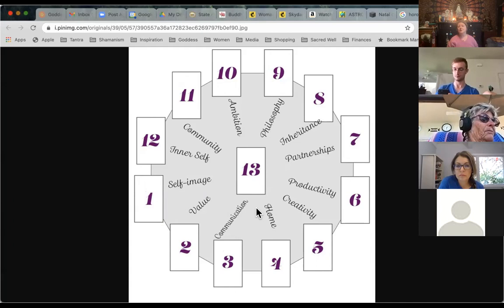And I usually, when I do this spread, do a little bit of both, where I'm looking at this for timing, as well as looking at it for content and characteristics. And when you use this over the top of someone's natal chart, you really see how the messages weave together.